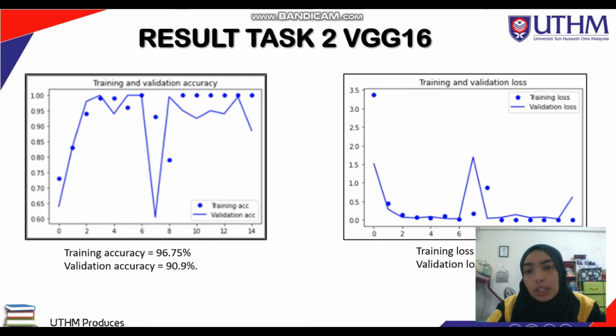Then the batch size is 20. And as a result, it shows that the average training accuracy is 96.75%, while the average validation accuracy is 90.9%. And then we can conclude that our result for the pre-trained model is much better than task one.